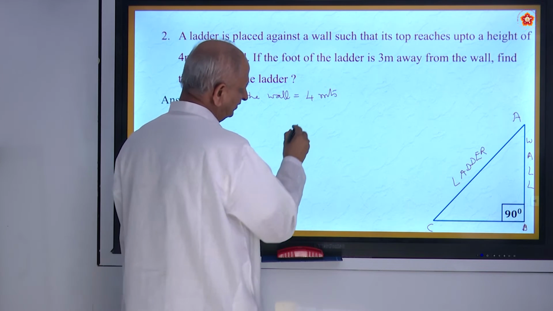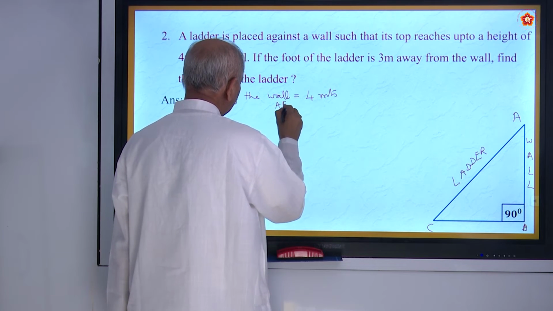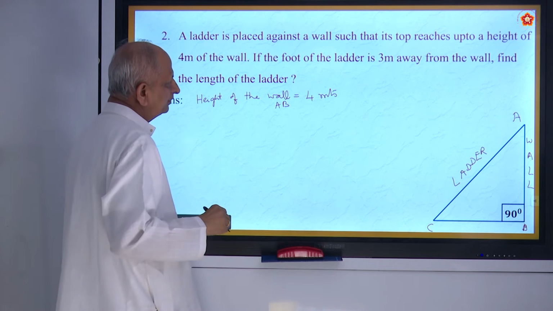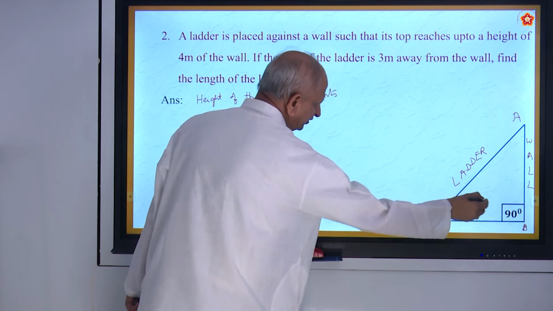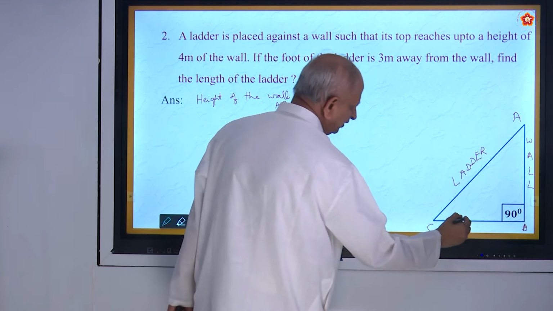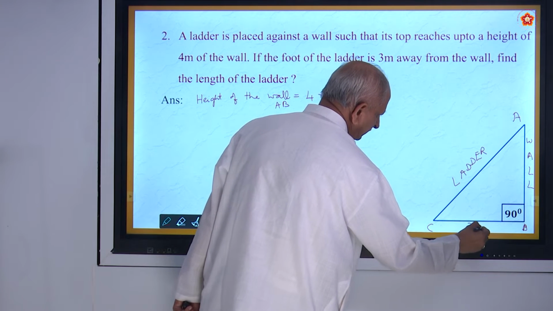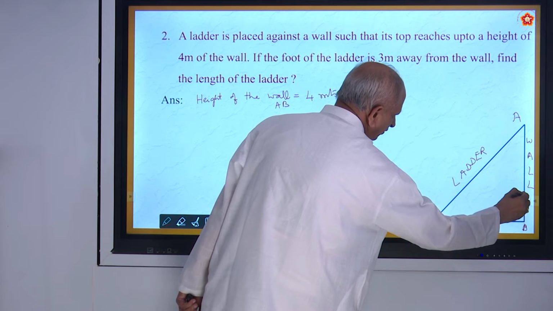And we call it AB. And the foot of the ladder is 3 meters away from the wall. This is the wall, this foot is 3 meters. This is 4 meters.